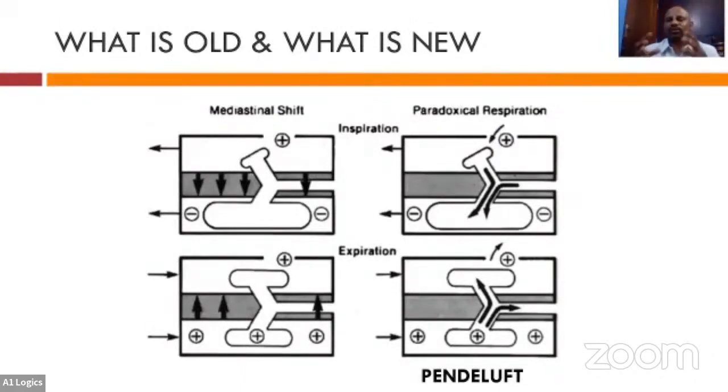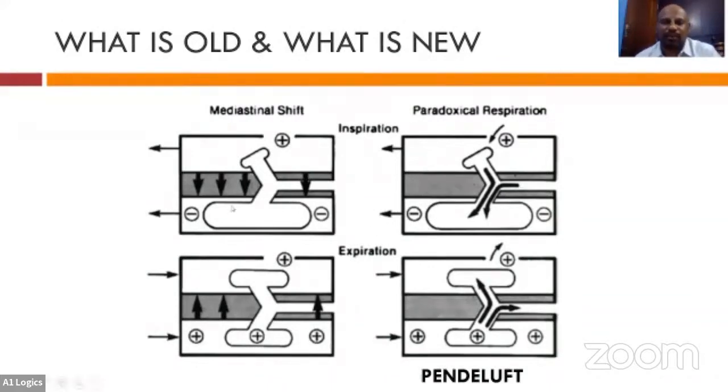This constant movement of lung inflation and deflation during exhalation and inhalation is called the pendulum phenomenon. This is very disturbing. When you take an inspiration, the air which is already in the upper part of the lung will come back into the dependent lung. This will produce hypoxia and a lot of respiratory distress.